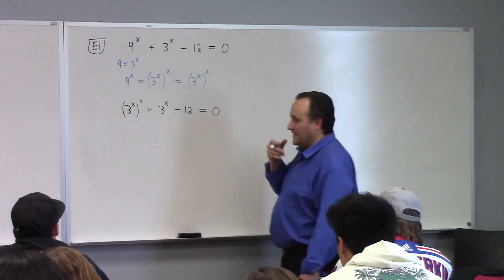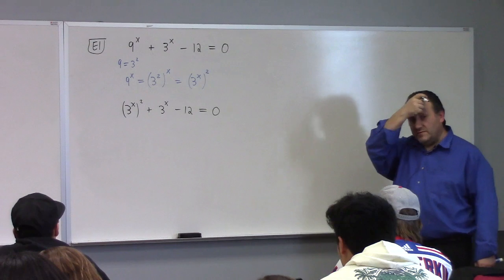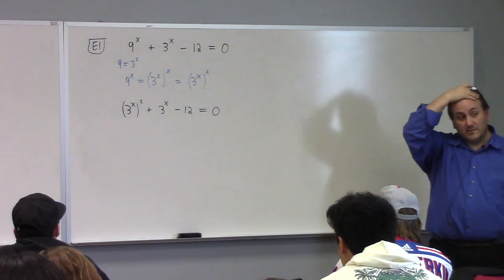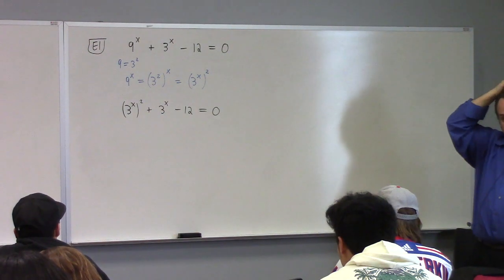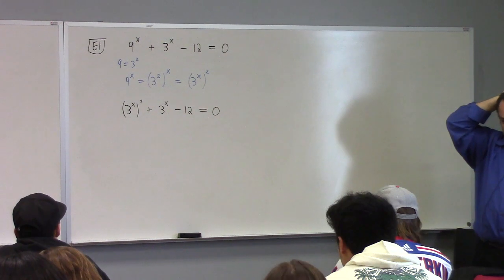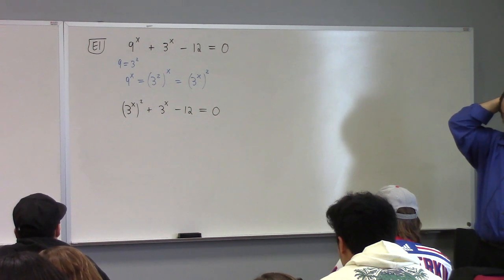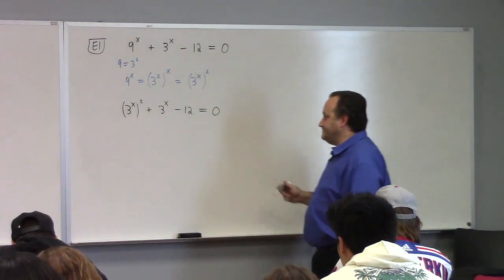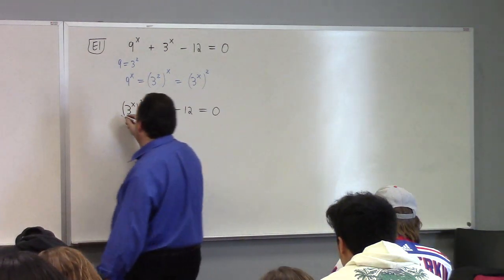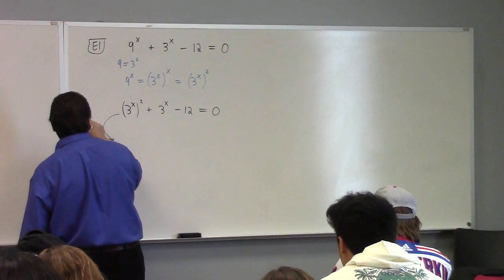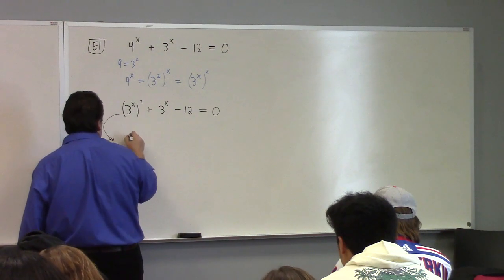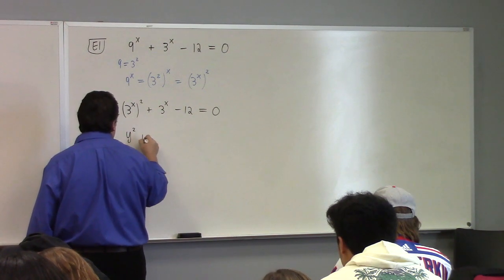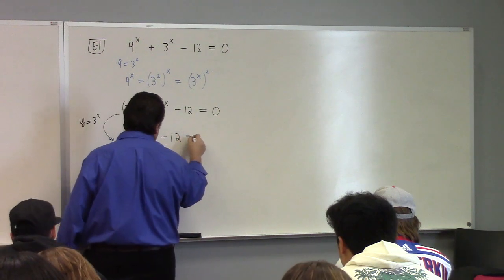Now that I've written it this way, anybody give me a piece of advice? Make a substitution maybe? Y equals 3 to the x. That sounds like a plan. Y squared plus y minus 12 equals 0.